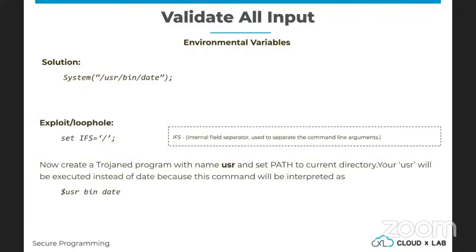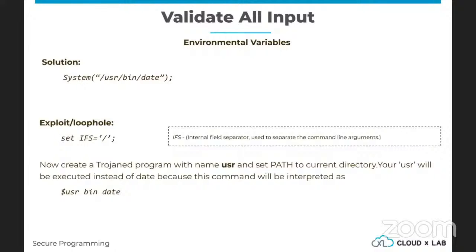What attackers did in such a case was they set IFS equals slash. IFS is the internal field separator. When you are running a Unix command, the command line arguments are separated based on what IFS is.